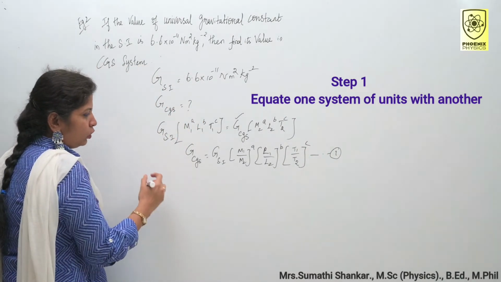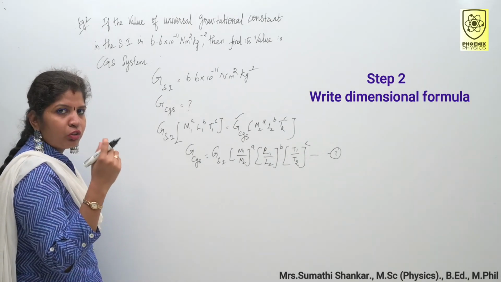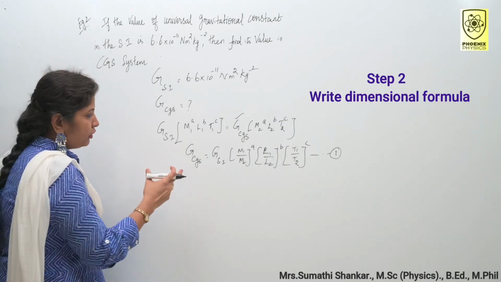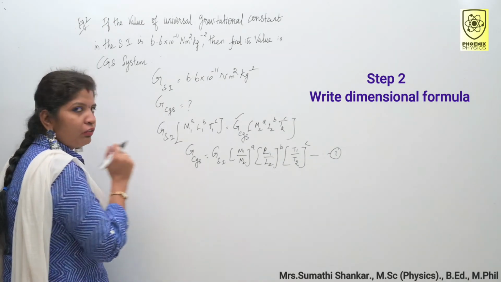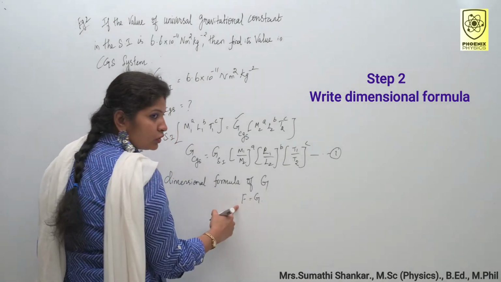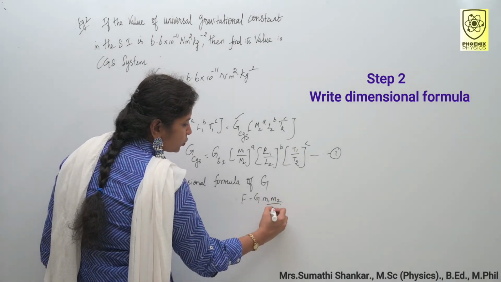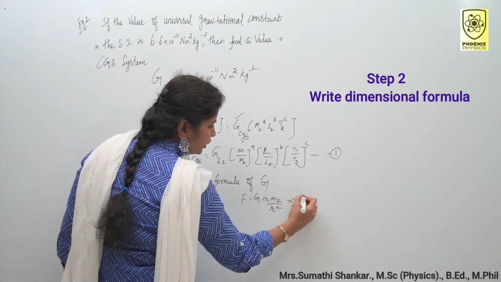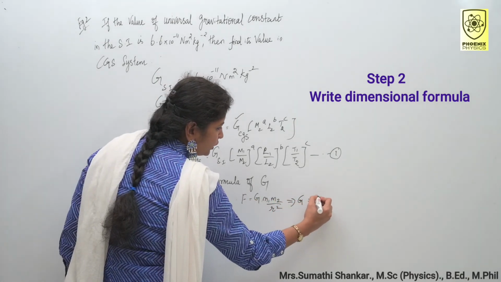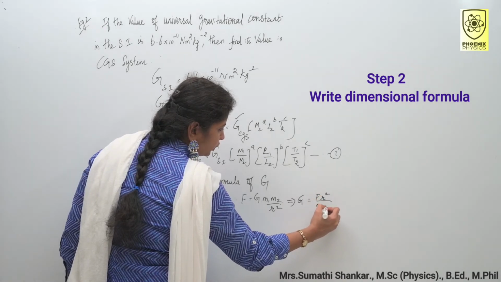Okay. Now second step is write the dimensional formula. Here we are going to write the dimensional formula for gravitational constant. F is nothing but G M1 M2 by R square. Then I want to find out G, means G is equal to F R square divided by M1 M2.